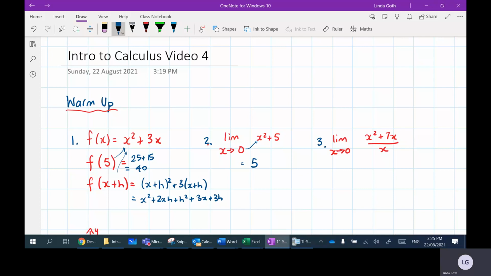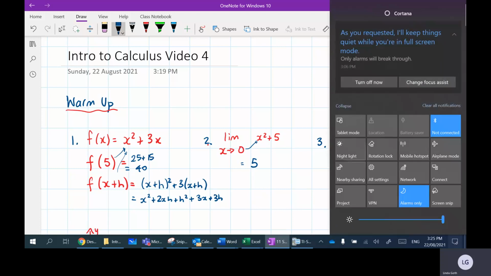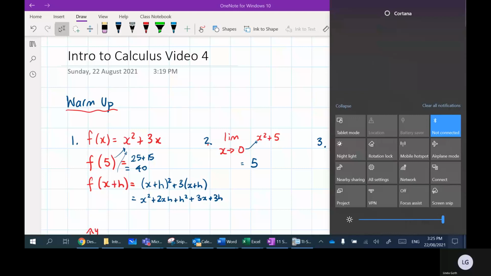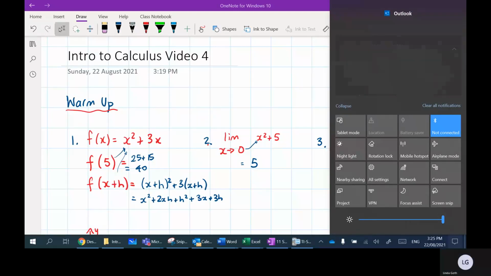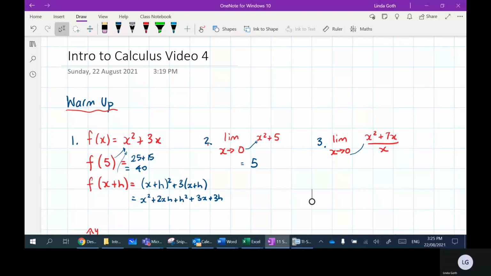However, it's not so easy to do that in question number 3 because when I try and substitute x in here, I'm going to get a 0 on the bottom of this fraction, which is undefined, so that's not going to help me.